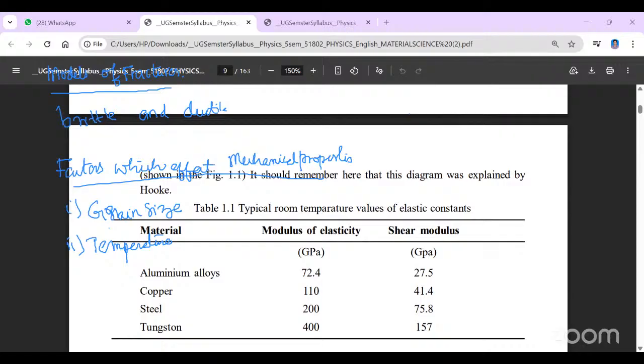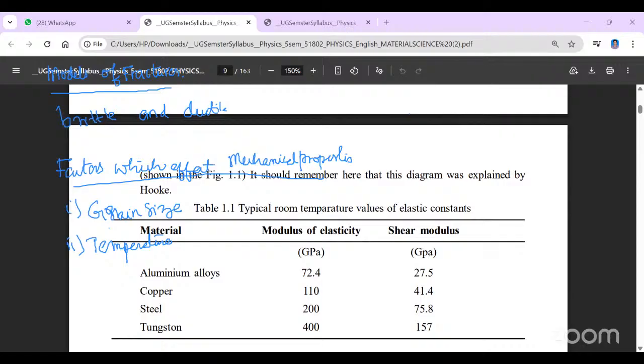At higher temperatures, generally more than 450 degrees centigrade, it also affects the creep. As we studied, creep is the deformation in the metal that takes place as time goes on. So at higher temperature, creep occurs.